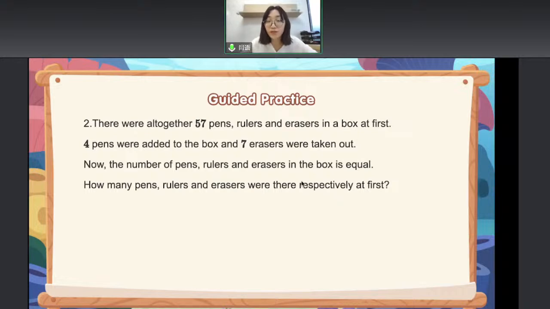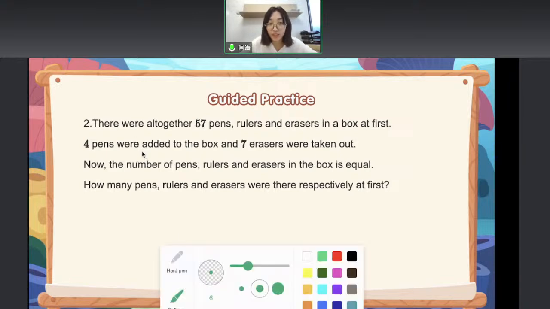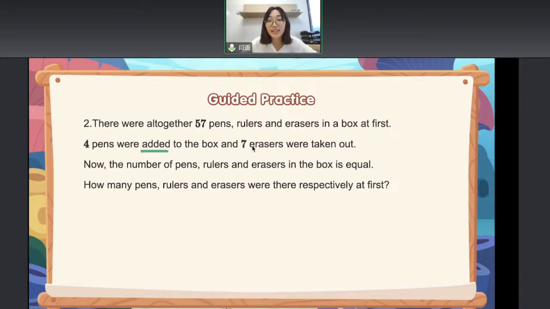There were altogether 57 pens, rulers, and erasers in a box at first. Okay, again, from the first sentence, actually, how many kind of stationery can you see? 3, right? We have pens, rulers, and erasers. Then, 4 pens were added to the box. Pay attention, added. And the 6 erasers were taken out.